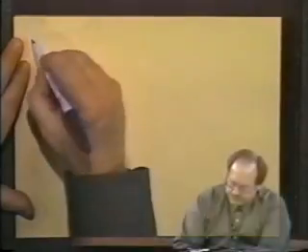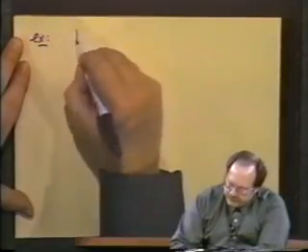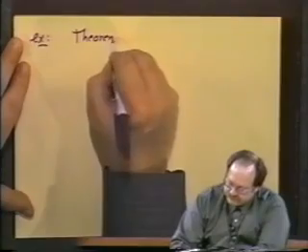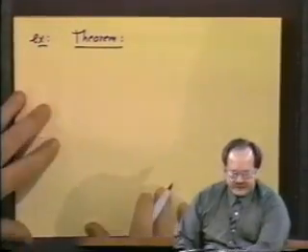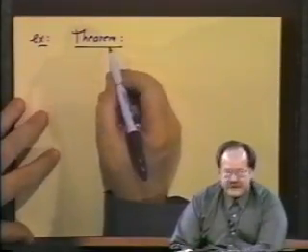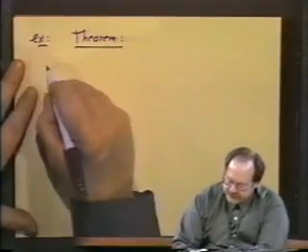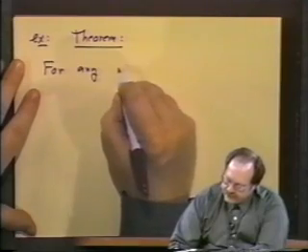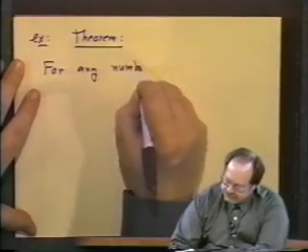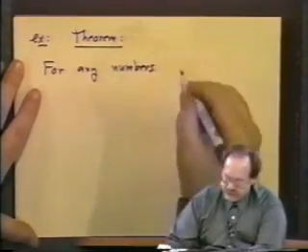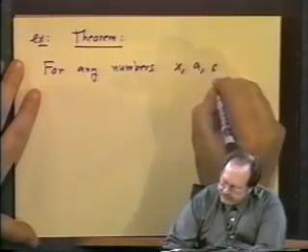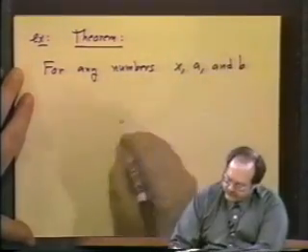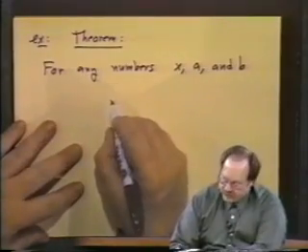Now here's an example of the other form. Here's another theorem. I guess I should have called it a corollary or something, just to vary the name of it. Let's call this a theorem. And here's how this will go. For any numbers, you can assume I mean real numbers here, x, a, and b, the following two statements are equivalent.